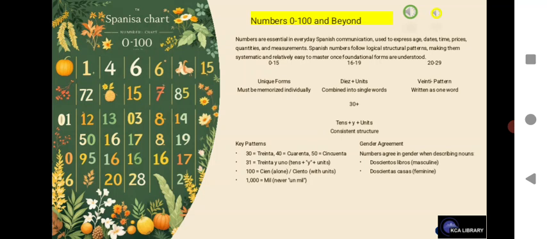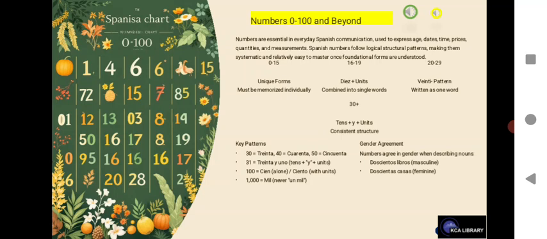Forming numbers 31 to 99. Numbers between the tens are formed by combining the tens, the word y, and the unit. 31, 42, 57, 68, 99.